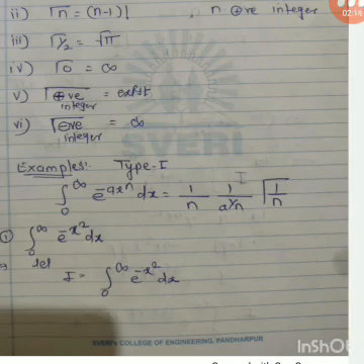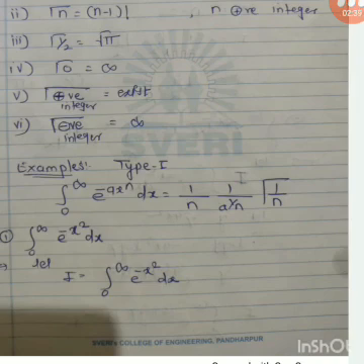And the second and third properties: the value of gamma half is given there. The value of the gamma function at half will be root pi. Its proof will be seen at the time of the beta function. Second, gamma 0 is equal to infinity.